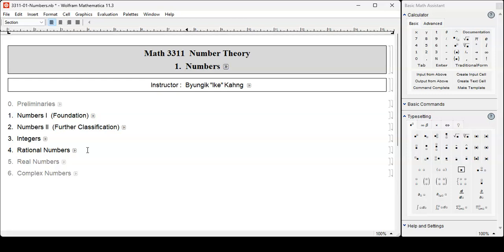In that sense, we study some rational numbers. Pretty much everything here is going to be integers. Even for rational numbers, those relate directly to integers, to the numerator and denominator. Okay, that's it.